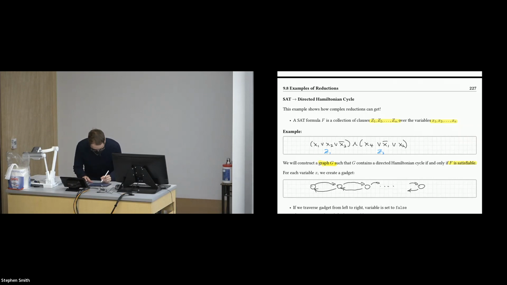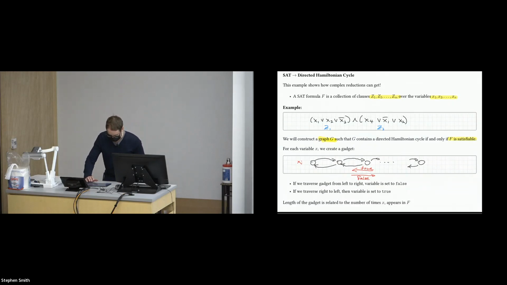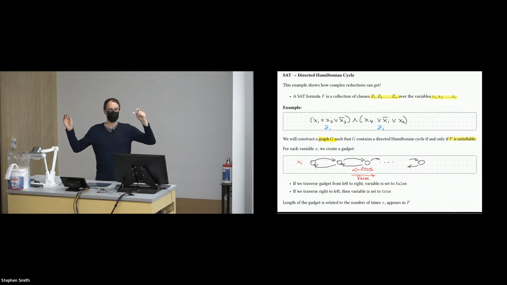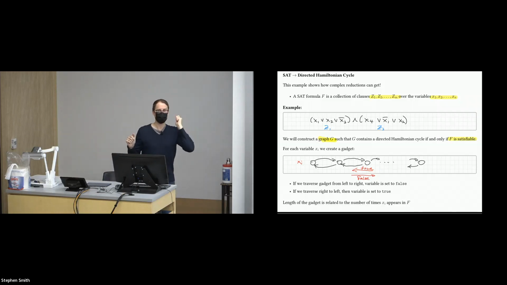If I go from right to left, I'm going to say I set the corresponding variable xi to true. And if I go from left to right, I set it to false. So if we traverse the gadget from left to right, the variable is set to false. If we traverse it from right to left, the variable is set to true. How long I make the gadget is going to depend on how many clauses that variable appears in.